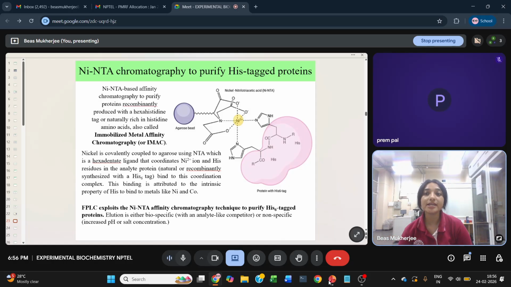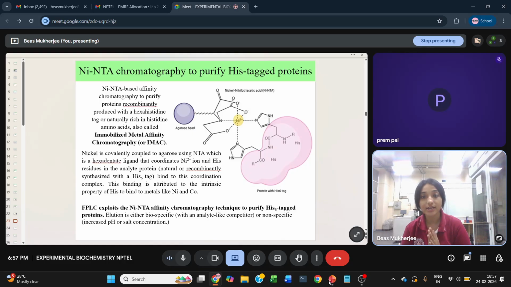Right. So Ni-NTA based affinity chromatography is used to purify proteins recombinantly produced using a hexahistidine tag or naturally rich in histidine amino acids, also called immobilized metal affinity chromatography or IMAC.